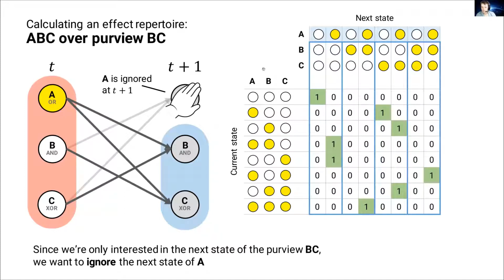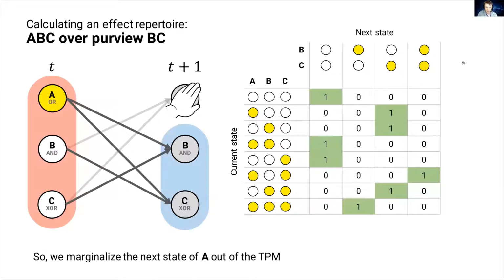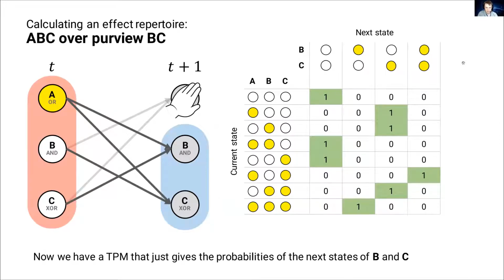Okay, go ahead. Yeah, so in this circumstance, the purview is only B and C, which just means we don't care about what's happening at A. So we marginalize over the states which only differ with respect to A, in the same way that Yota previously described. So we can do that, and we obtain our modified transition probability matrix.